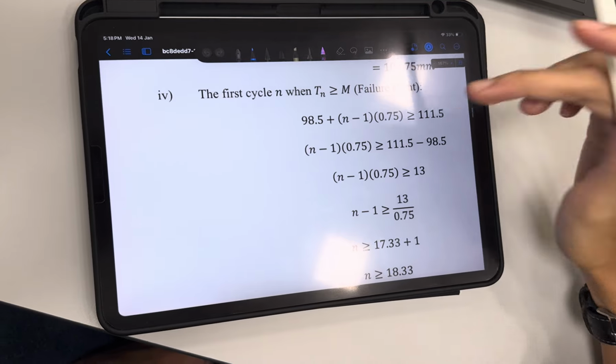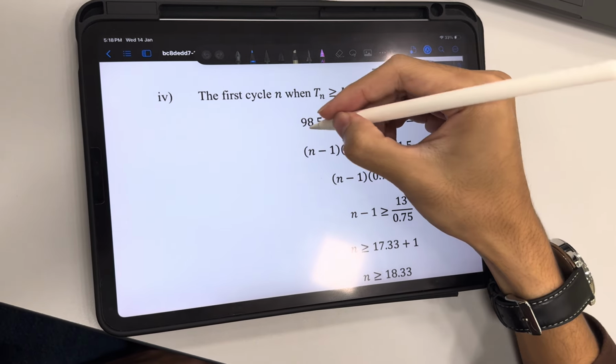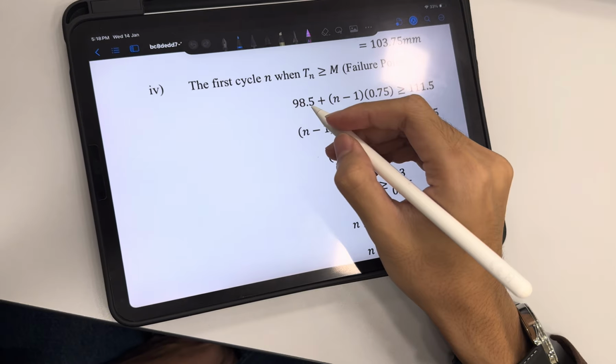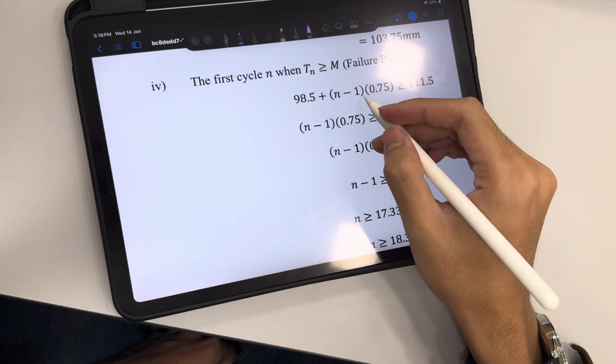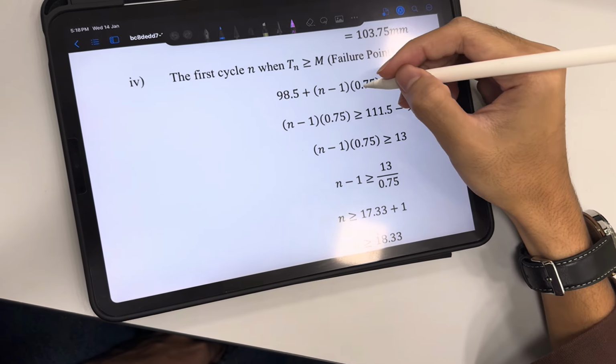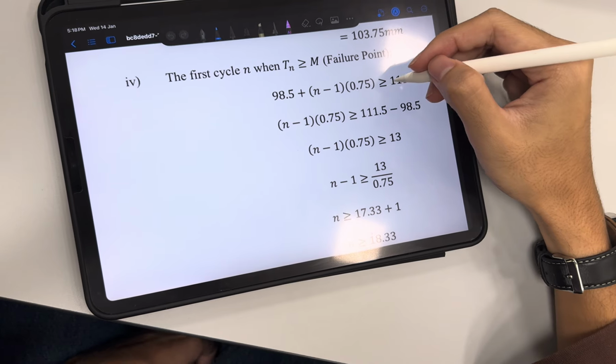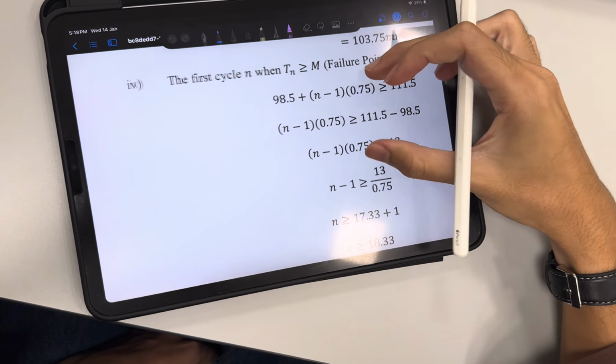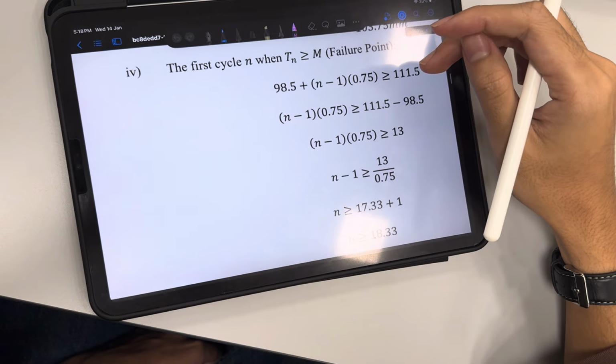So the first one, we use 98.5 plus (n minus 1) times 0.75 greater than or equal to 111.5.